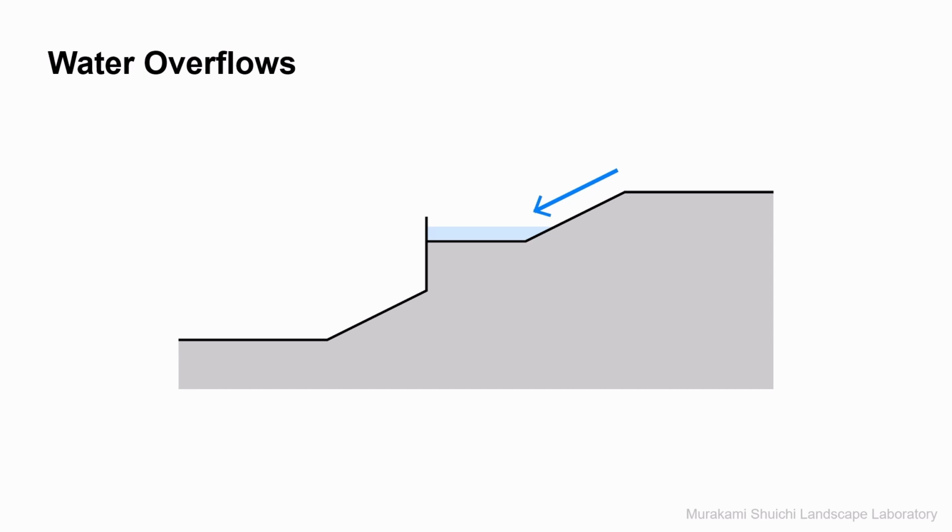If more water continues to flow down from above, what will happen to the staying water? The level of the staying water will rise, and once it exceeds the height of the wall, the water will overflow. Since the height of the wall matters, the way the water overflows will differ depending on differences in the height of the top edge of the wall.